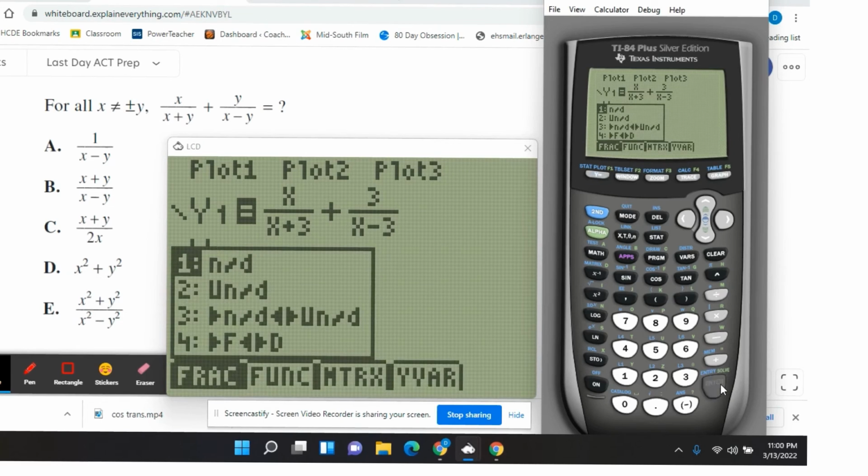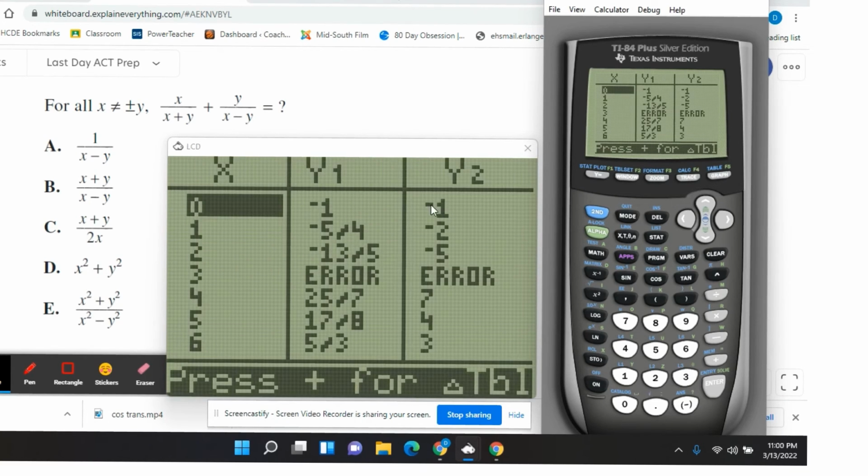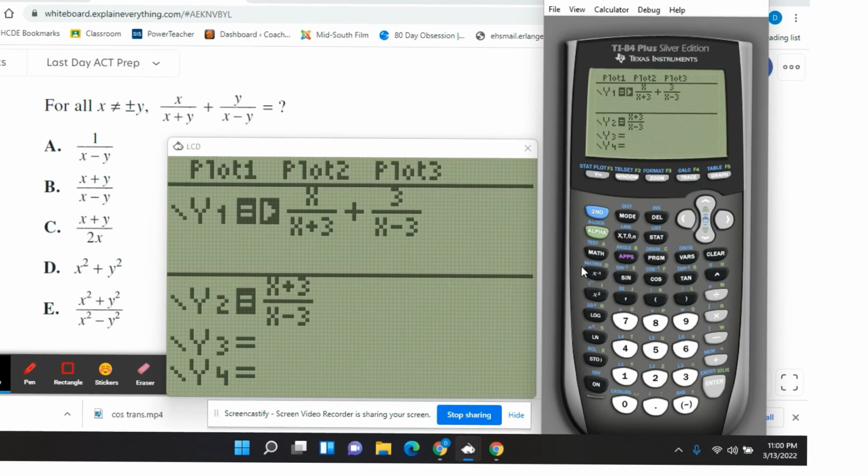For my y values, I'm going to plug in the number 3. So it's going to be x plus 3 over x minus 3. Now, if this equation is the correct equation, when I look at the table, the values should be identical. They are not identical, so I would have guessed an incorrect answer.